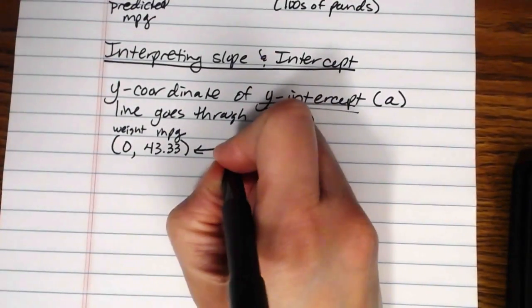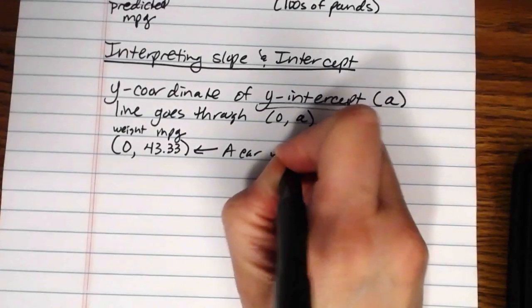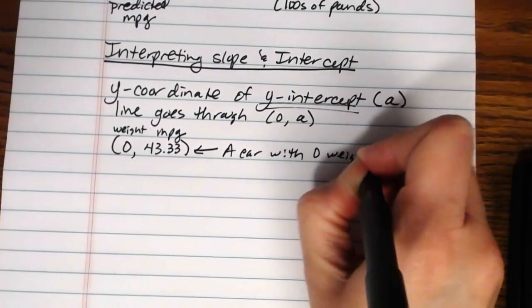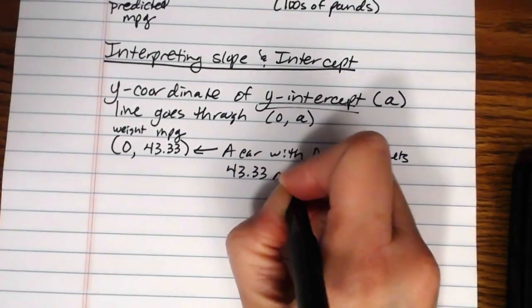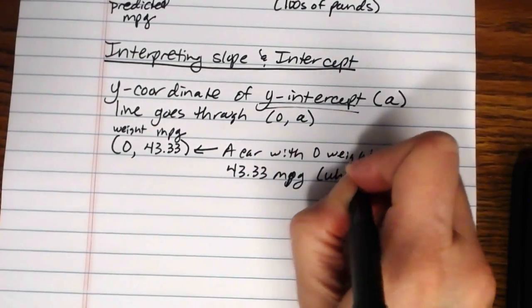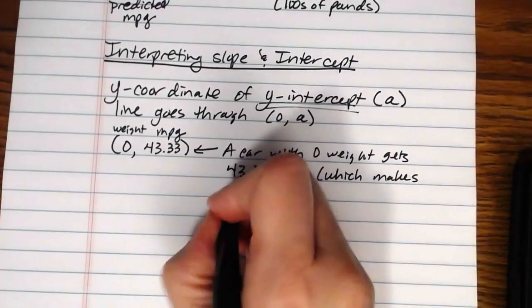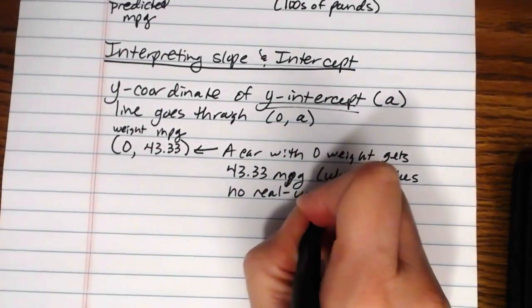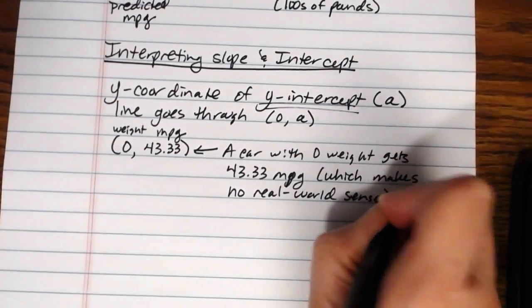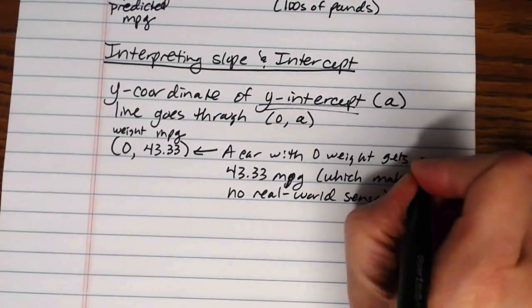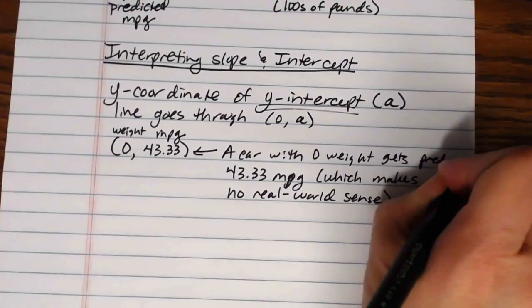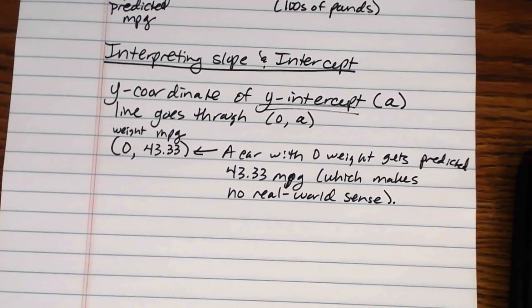So this does imply that a car with 0 weight gets 43.33 mpg, which makes no real world sense. Sometimes those values will make sense. In this case, we had one that did not. But nonetheless, that would be the interpretation of the predicted value. So we can see that's just not a very accurate prediction.